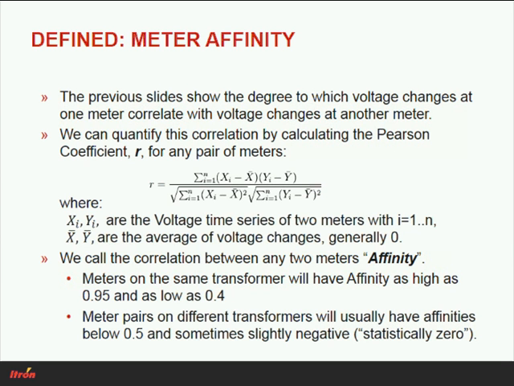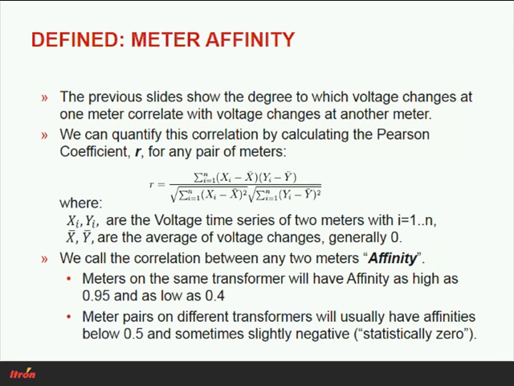And we're calling this, when applied to 2 meters, affinity. And we're finding that meters on the same transformers will have affinity as high as 0.95, and meter pairs on different transformers will rarely have affinities greater than 0.5.